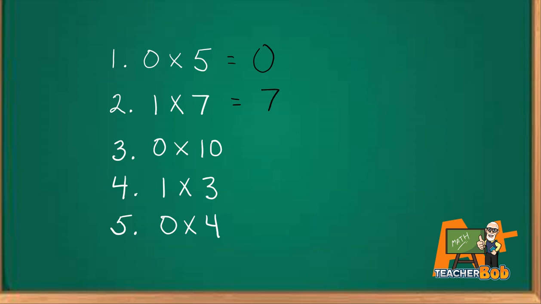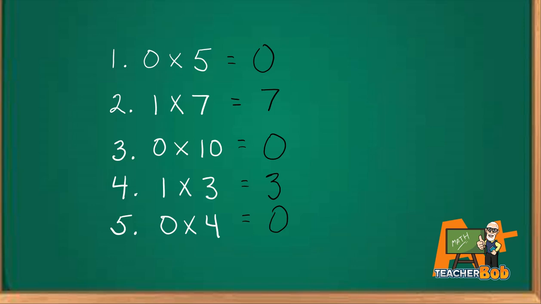So number 3, 0 times 10, that gives us 0. 1 times 3 gives us the product of 3. And 0 times 4 gives us the product of 0. 0 times something is 0. 1 times something is itself.